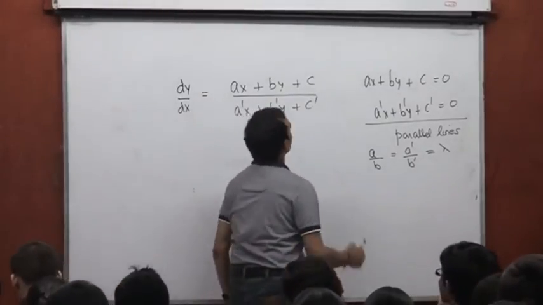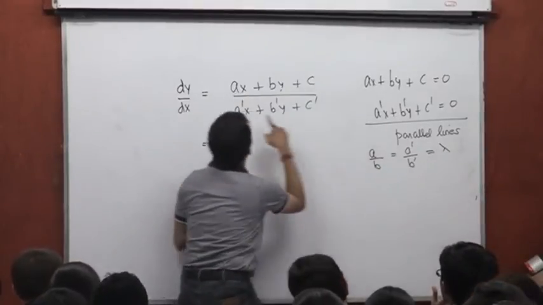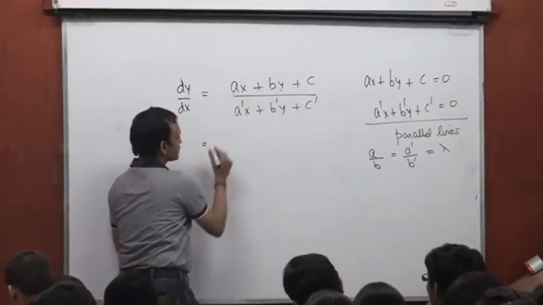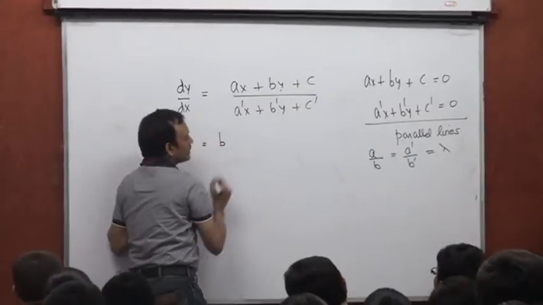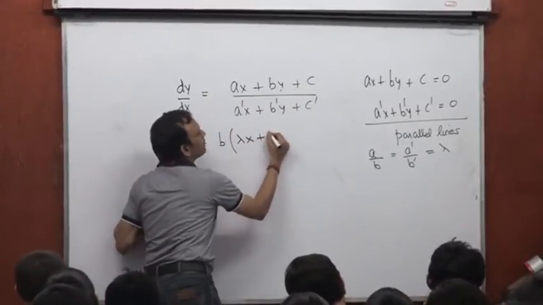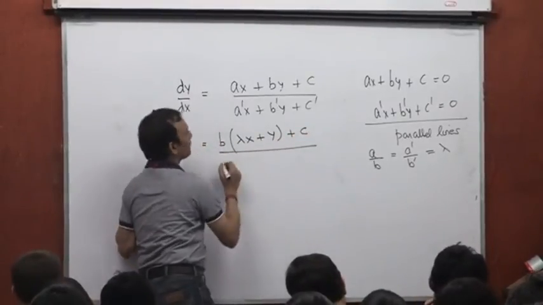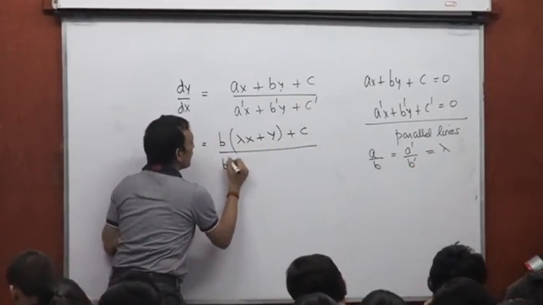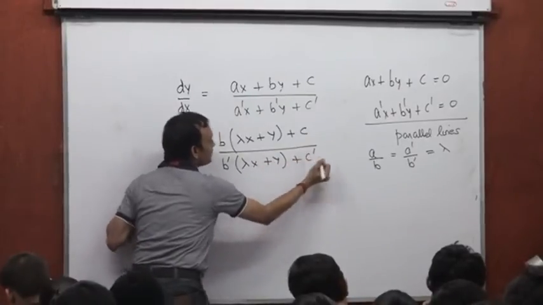Which means I can write a as lambda b and a' as lambda b'. So once I write a as lambda b and take b common, this is going to be b times (lambda x + y) + c divided by a' replaced by lambda b', so b' times (lambda x + y) + c'.